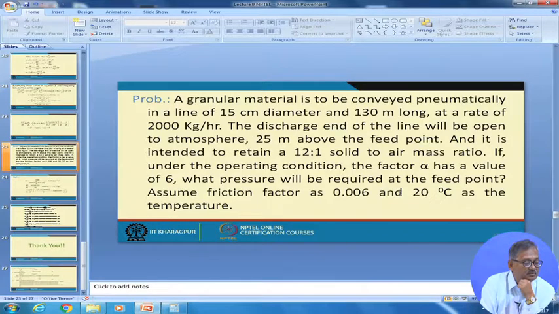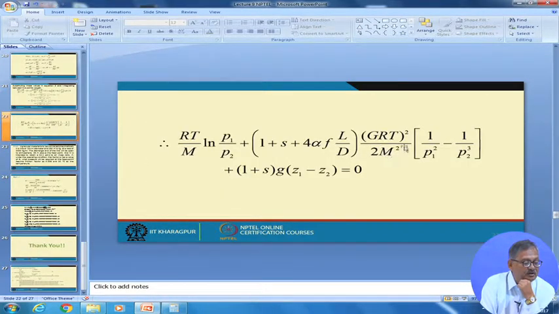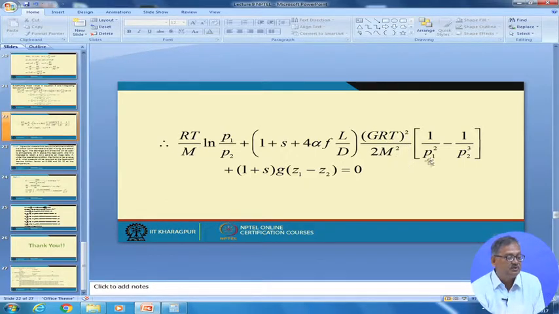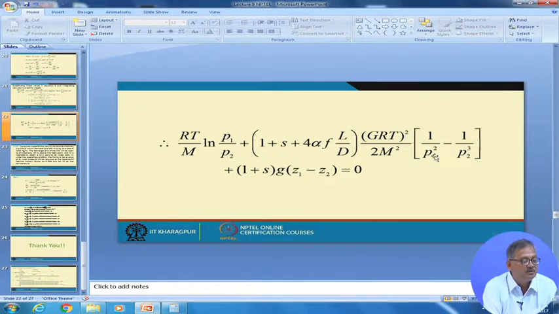So it was 3.489 10 to the 12. So it was 1 by P1 square minus 1 by P2 square. So P1, P2, so P1 1.12, P1 we have taken 1, P2 is 1, so we have taken the ratio of P1 by P2 is 1.2, right?